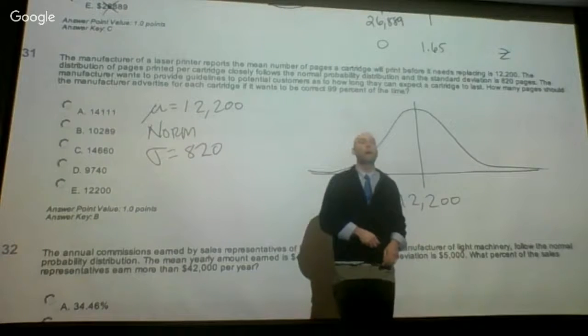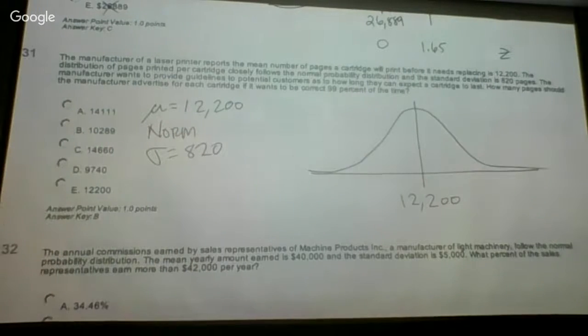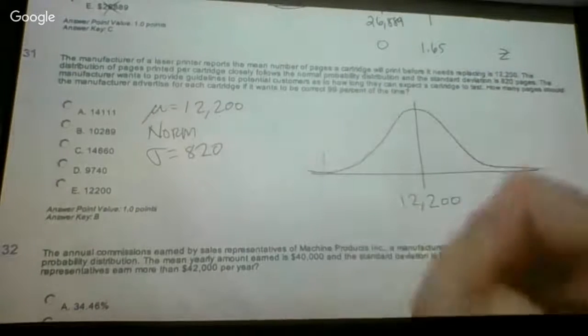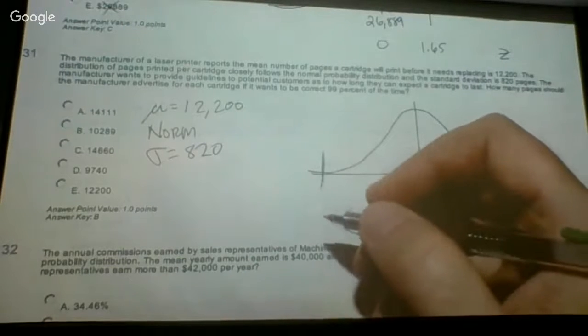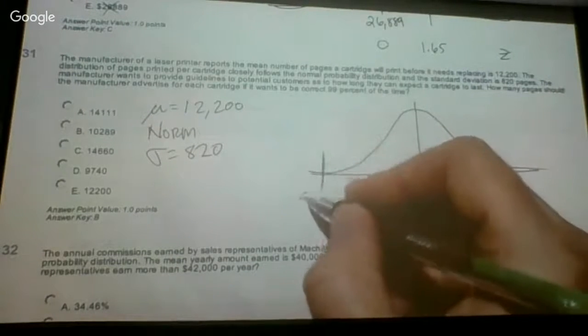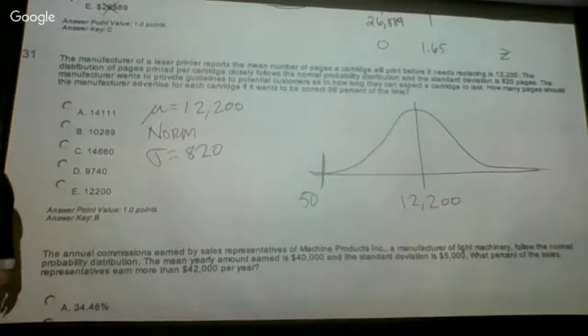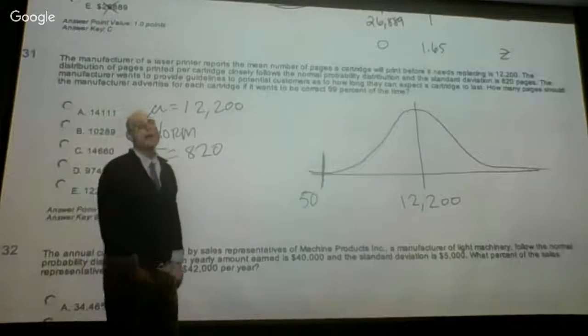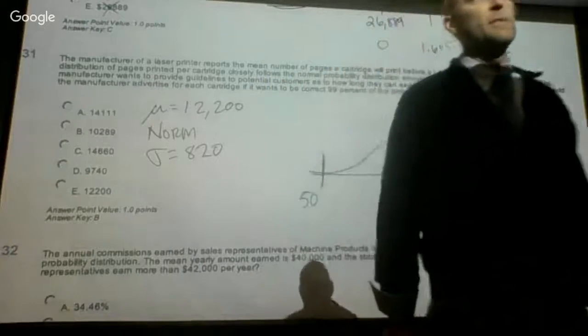Let me run this one by you. I'll give you two equally ridiculous possibilities. So I'm a printer manufacturer. And I say, oh, somewhere over here. This is justification for the left side. I'm going to draw a value down of 50 pages. Does it pass the logical smell test that 99% of all of my printers will print for 50 pages?